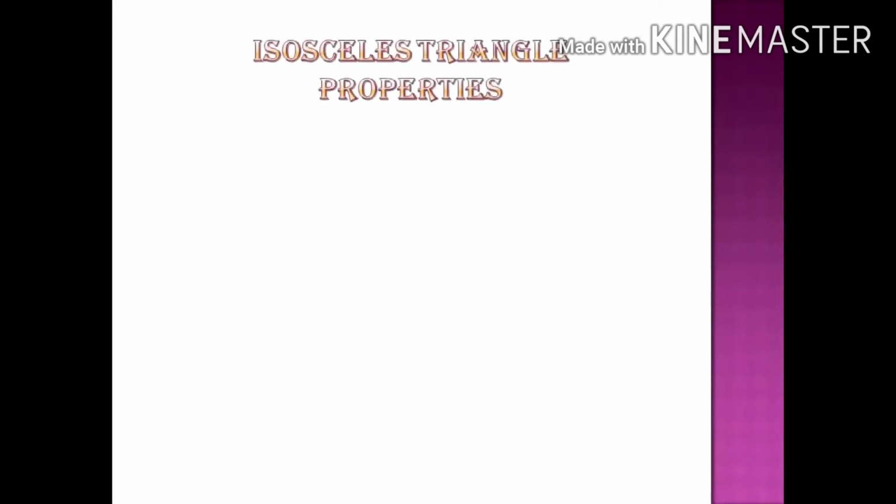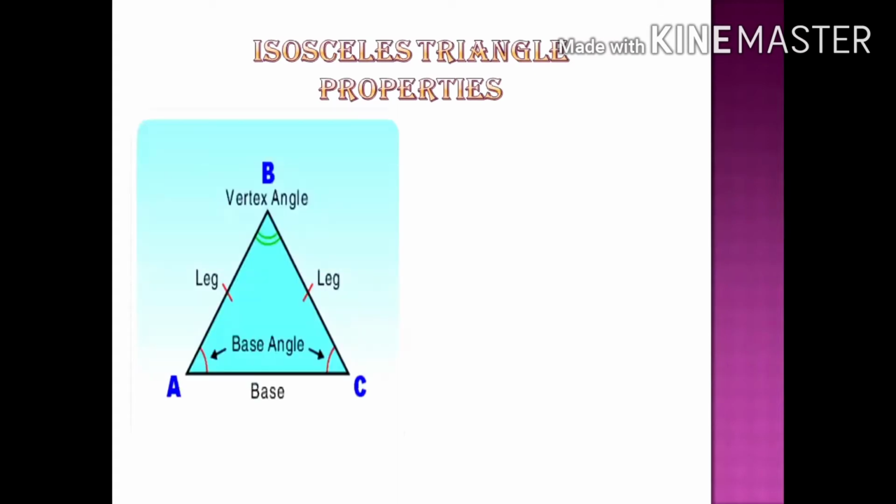Let us discuss the properties of an isosceles triangle. First of all, what is an isosceles triangle? A triangle ABC in which two legs, meaning two arms or two sides of the triangle, are equal and the angles opposite to these sides are also equal. These are the properties.